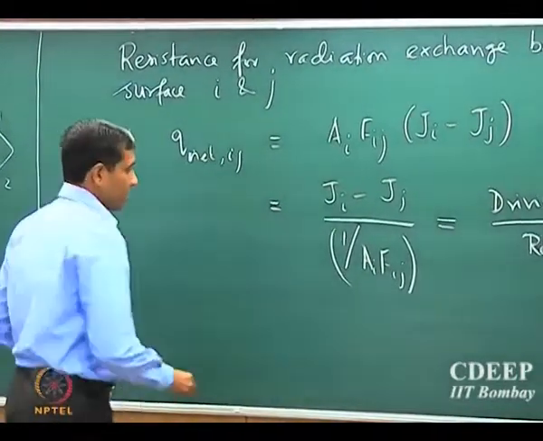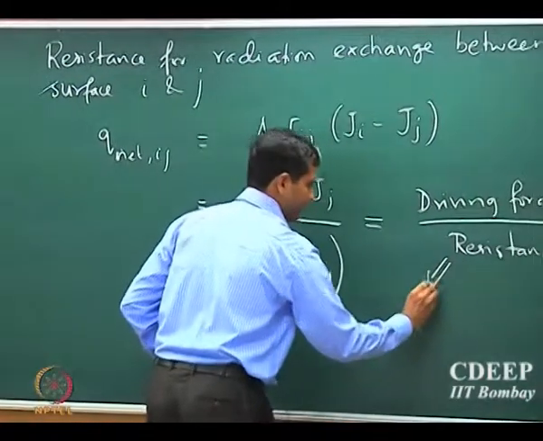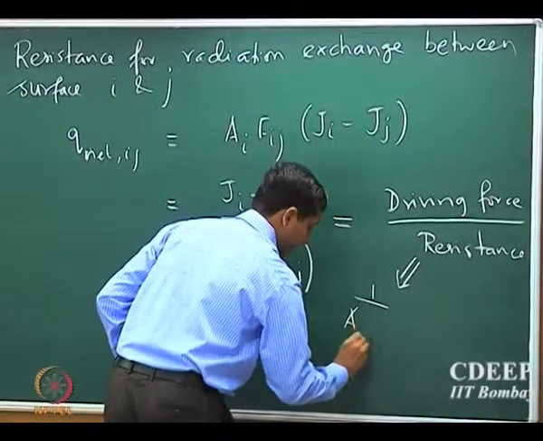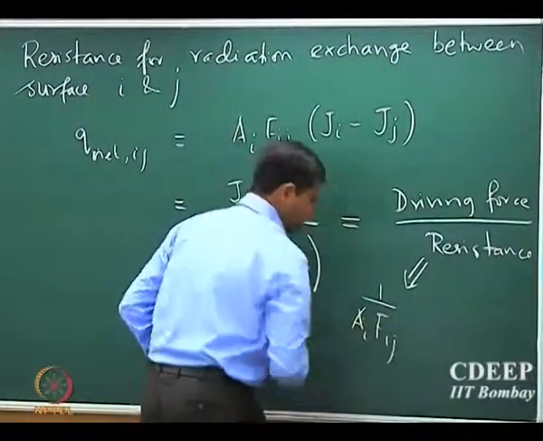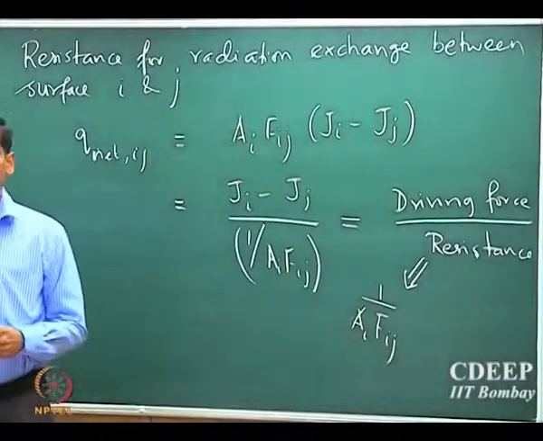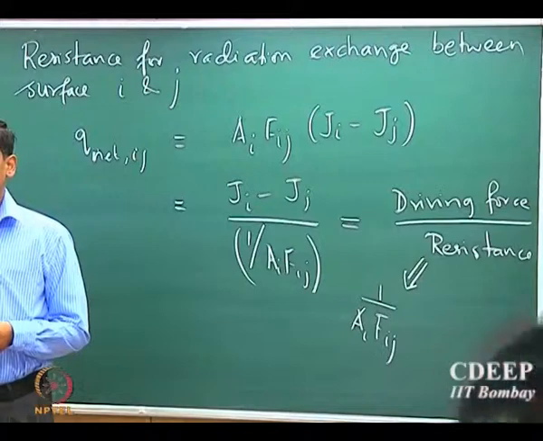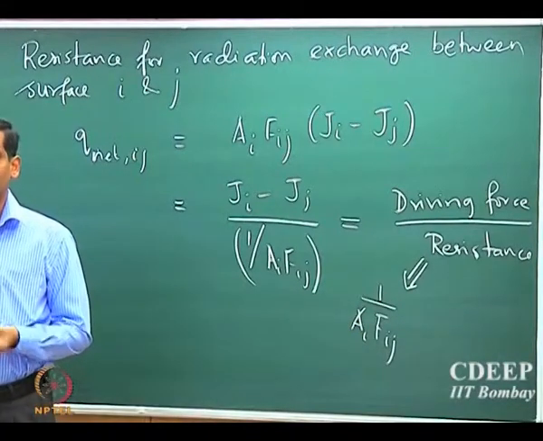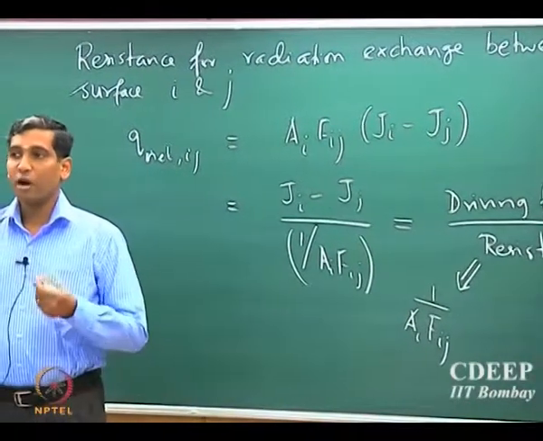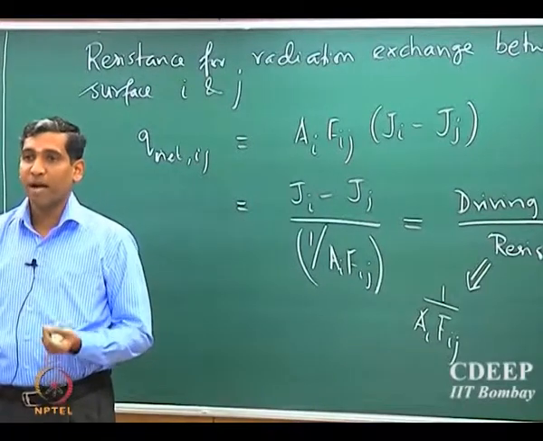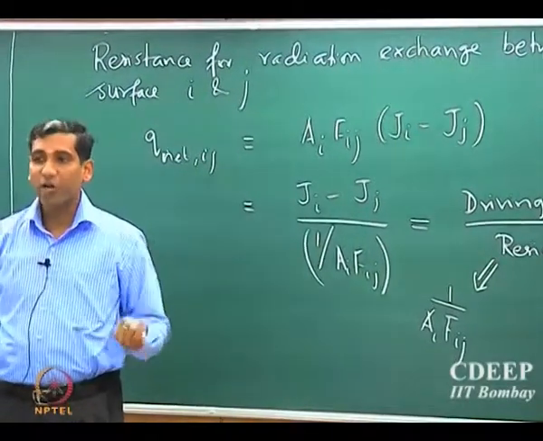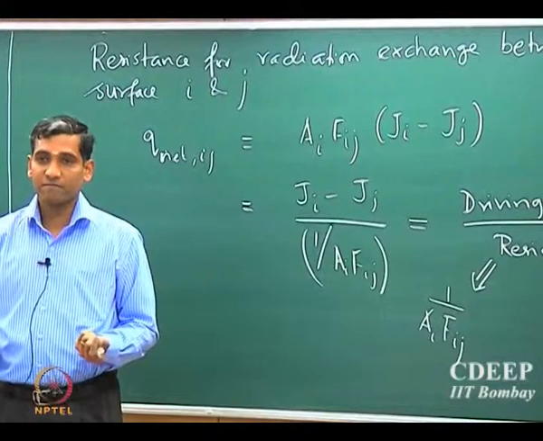Note that this resistance is the resistance offered because of orientation. This is the geometric resistance offered by the system because of the orientation of different surfaces.